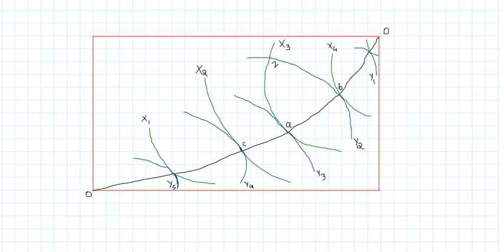After you have drawn them, you just have to name them. So O stands for origin, and if we are considering output produced by two firms, for firm 1, output levels are given by x1, x2, x3, x4, and you can name this as x5. Similarly, the isoquants of firm 2 are given by y1, y2, y3, y4 and y5.